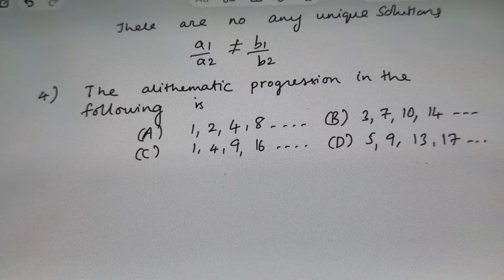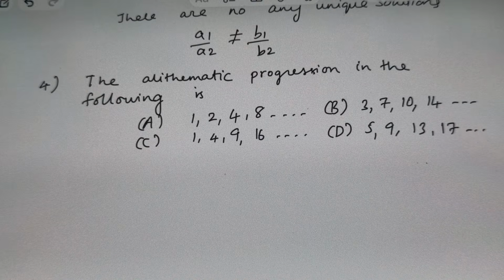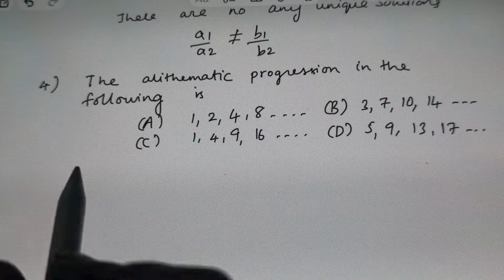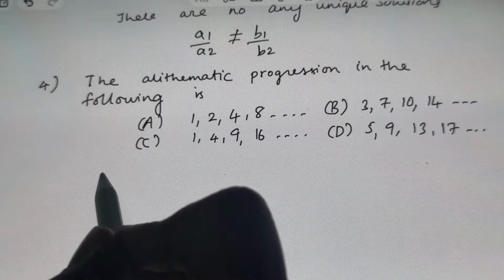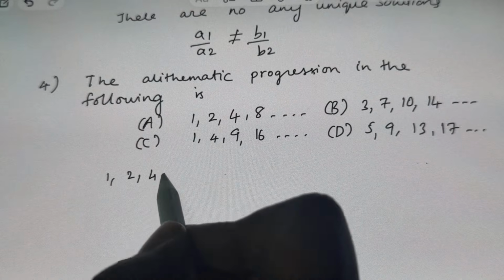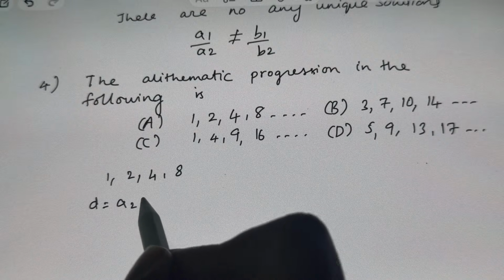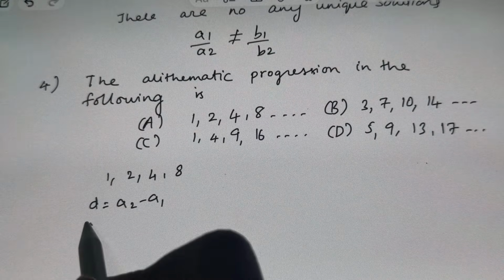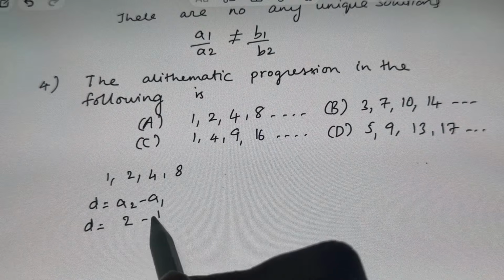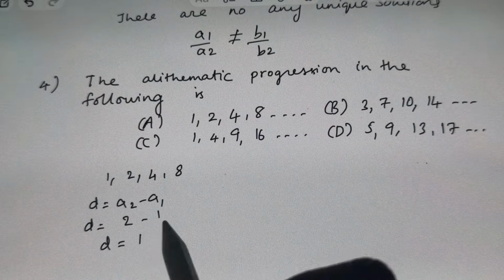We know that to check whether the given series is an arithmetic progression or not, we should have the same common difference. Let's check all the series. For 1, 2, 4 and 8, D is equal to A2 minus A1, so D is 2 minus 1, D equals 1.